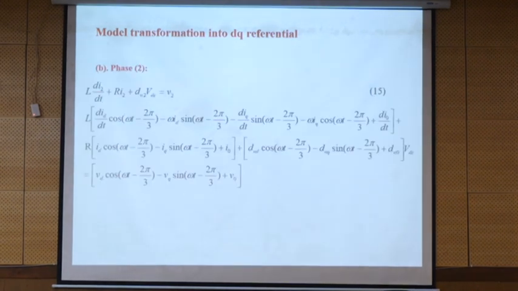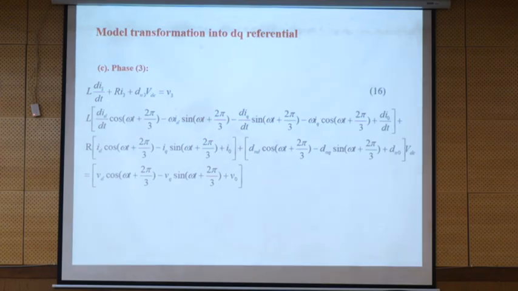So at the end of the story, you have this equation, L di/dt plus Ri plus dn phase 2 times Vdc equal to V grid in phase B, or the second phase.